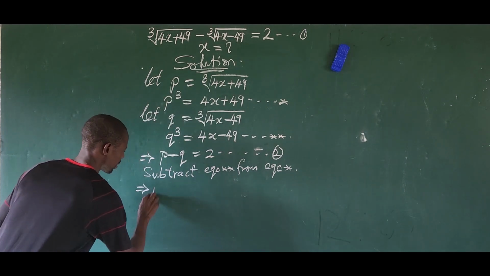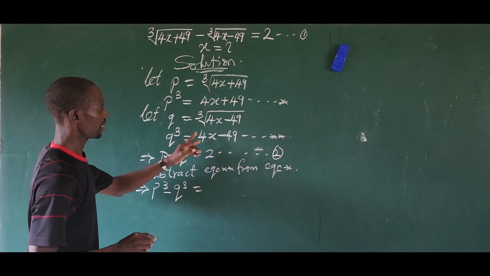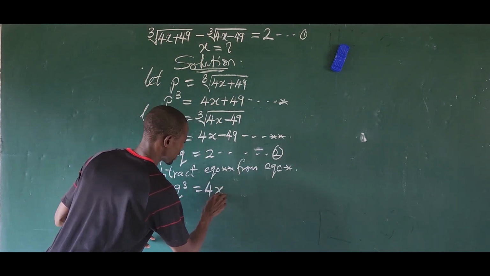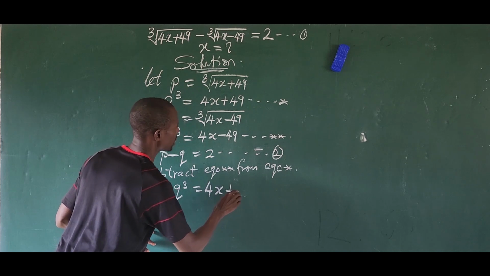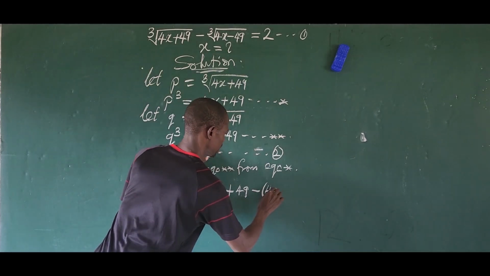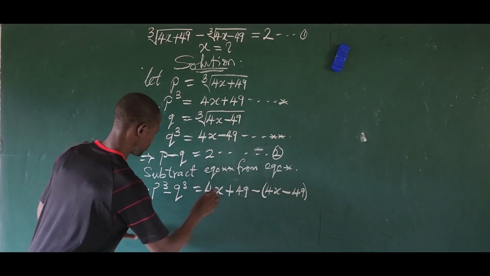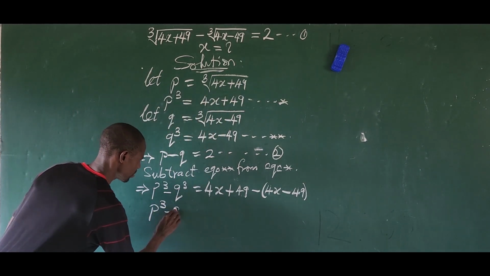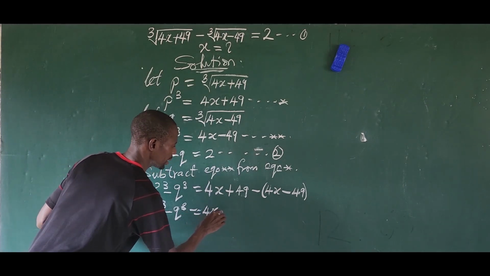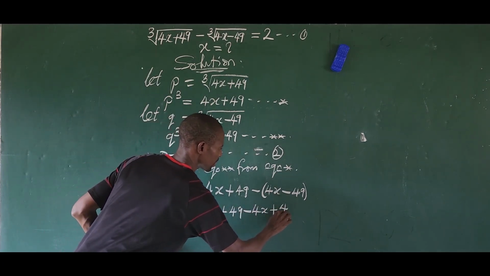So this now implies that p to the power of 3 minus q to the power of 3 will now be equal to 4x plus 49, then minus, in brackets, 4x minus 49.